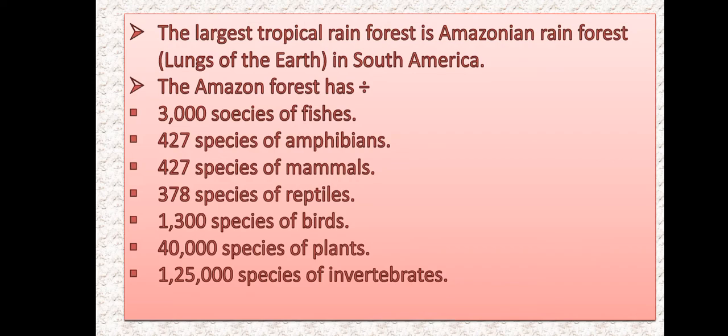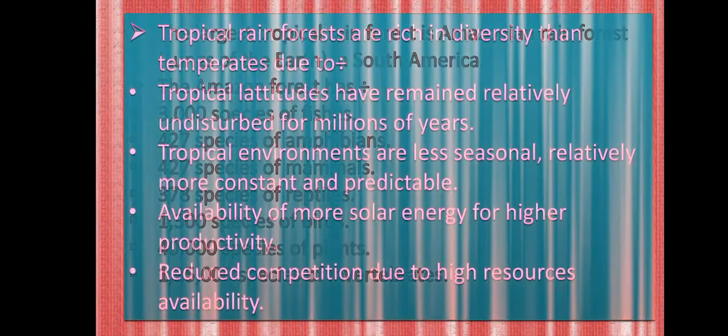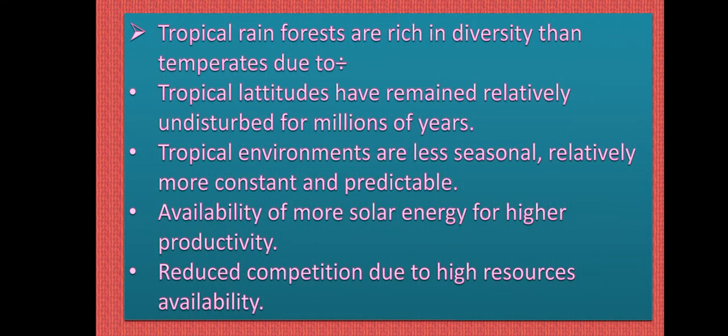And here a question arises, why tropical rainforests are rich in diversity than temperate regions? There may be several reasons. One of the reasons is that tropical latitudes have remained relatively undisturbed for millions of years. Number two, tropical environments are less seasonal, relatively more constant and predictable.